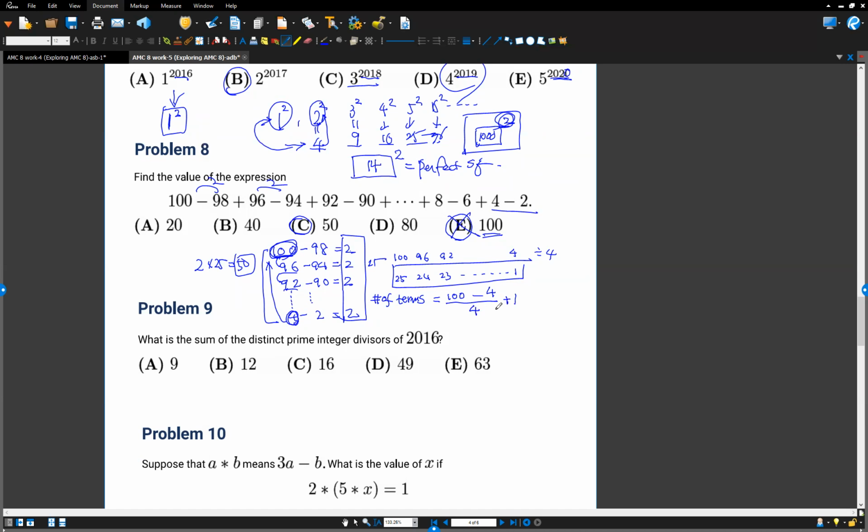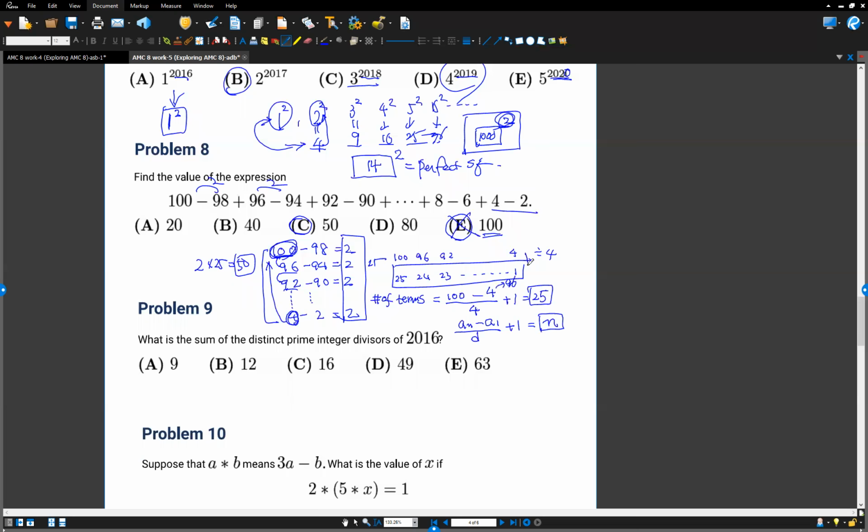That's the formula. I write the last number as a_n, the first number as a_1, and the common difference as d: (a_n minus a_1) divided by d, plus 1. That is the number of terms. 100 minus 4 is 96, divided by 4 is 24, plus 1 means there are 25 terms.